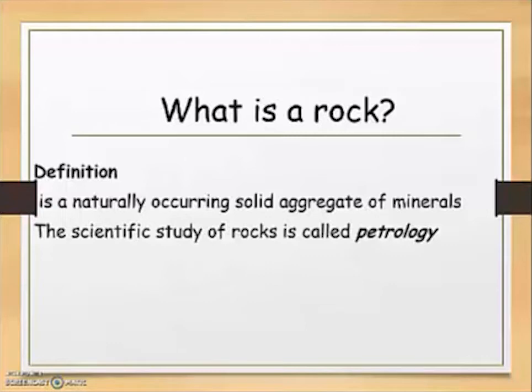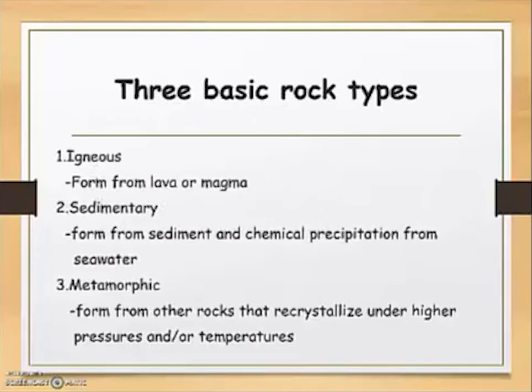Rock. What is a rock? Can anyone tell me the definition of rocks? Rock is defined as a naturally occurring solid aggregate of minerals. The scientific study of rock is called petrology. There are three types of basic rocks.